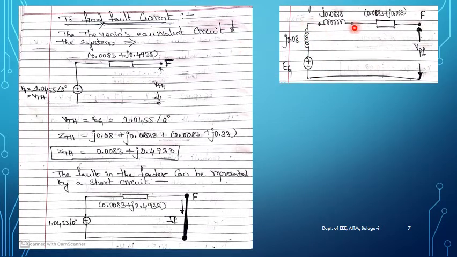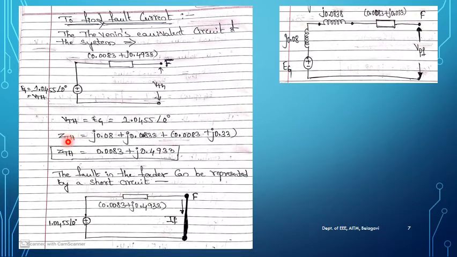Here they are connected in what fashion, series, right? So add up, so you are going to get the total impedance value. According to that, VTH, Thevenin's voltage, will be equal to this generated voltage, right? So that will be equal to 1.0455 at an angle 0 degree, which we obtained previously, right.